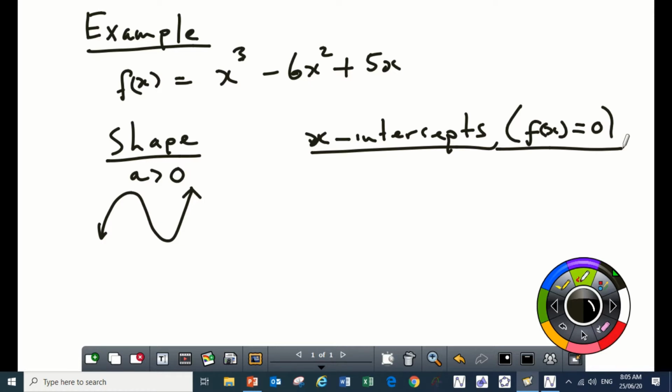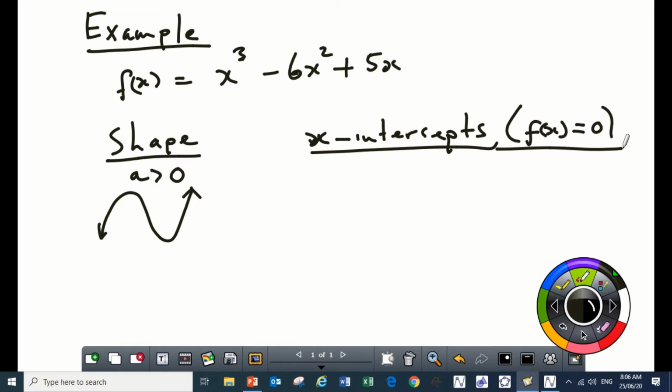Now, in an examination, if they ask you to sketch the graph, the determination of the x-intercepts, the coordinates of the stationary points, your point of inflection, and so on, you can do it manually using three methods: inspection, synthetic division, or long division. But you can also use a calculator. Depending on the mark allocation, it's not necessary to use the manual ways. You can just use your calculator straight away.